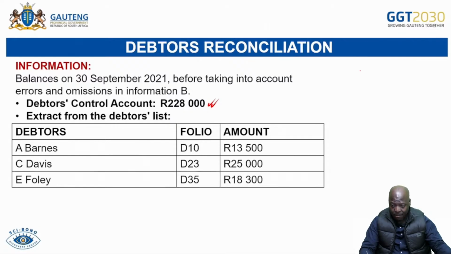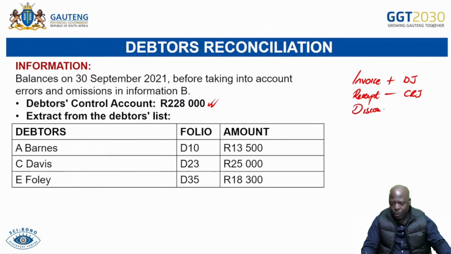Once you see an invoice, you think plus and you think DJ. And once you see a receipt, that means our debtors have paid. You think minus and you think CRJ. And once you see discount, you think minus and you think again CRJ.